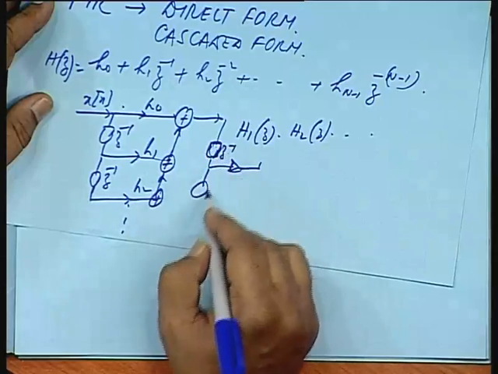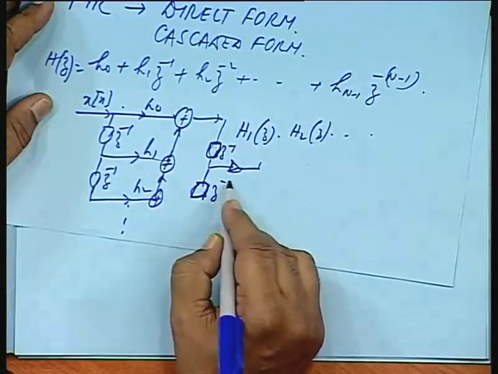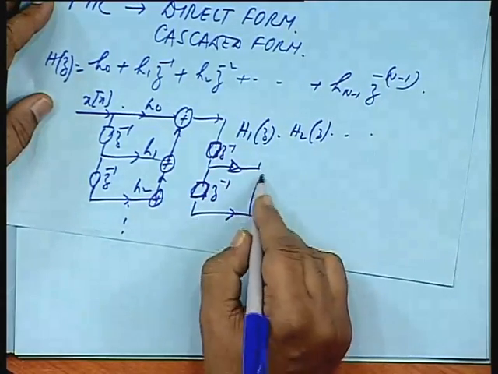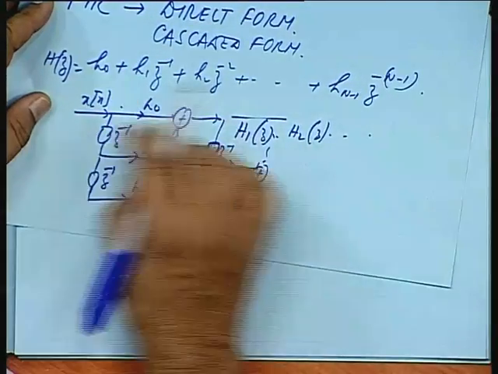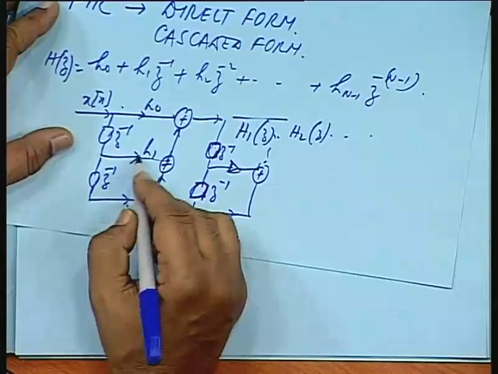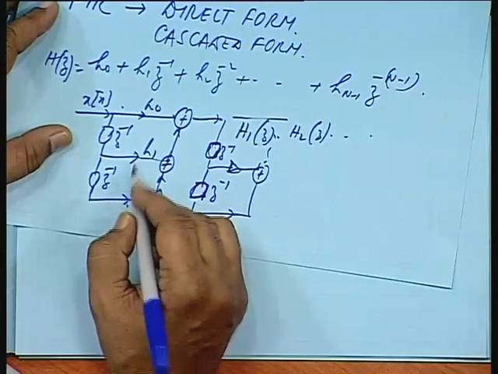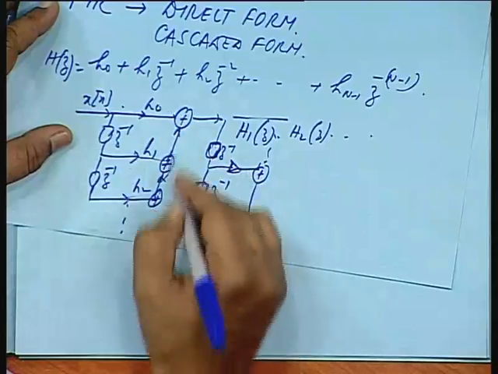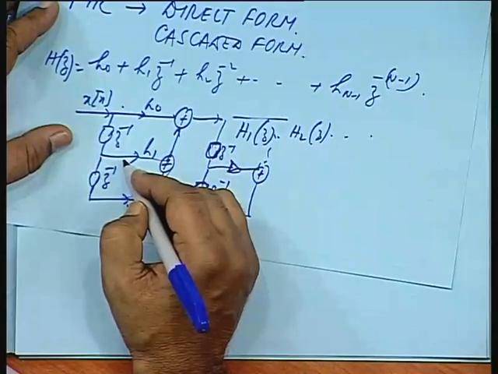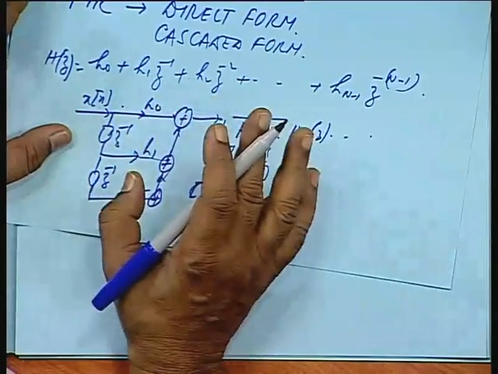This is Z inverse, this is again Z inverse, added together and so on. So, such blocks will be coming as H1, H2, H3. The advantage is whenever there are some drifts in the parameter values, only the roots associated with this block, with this quadratic, will be affected.